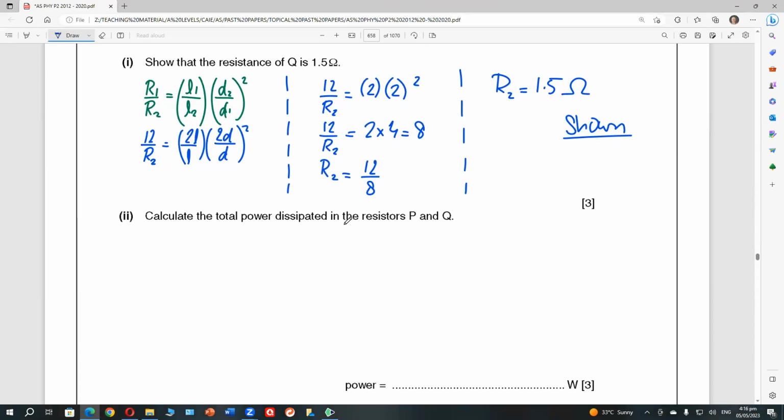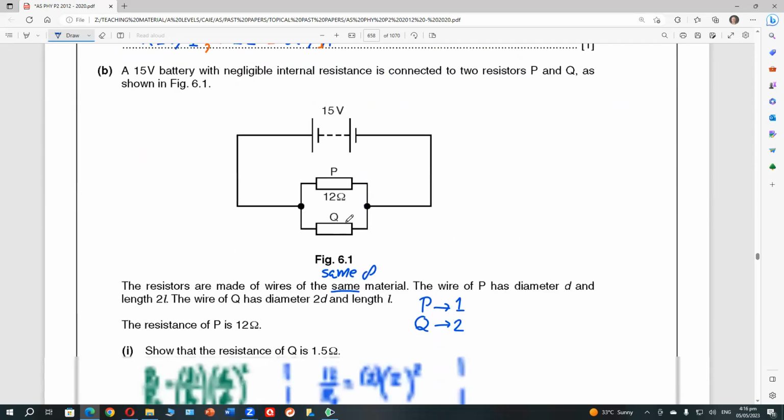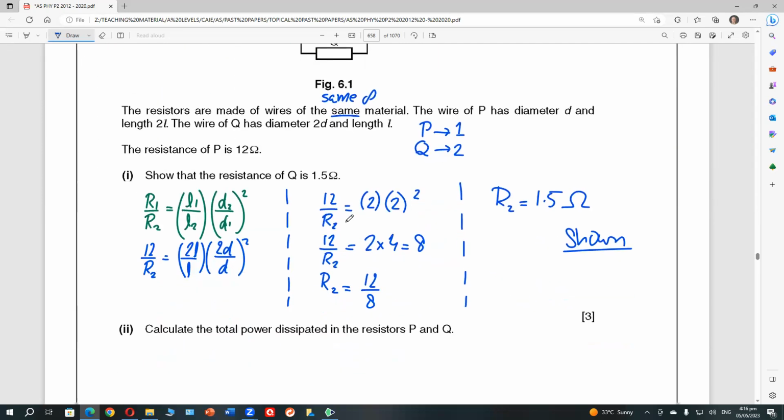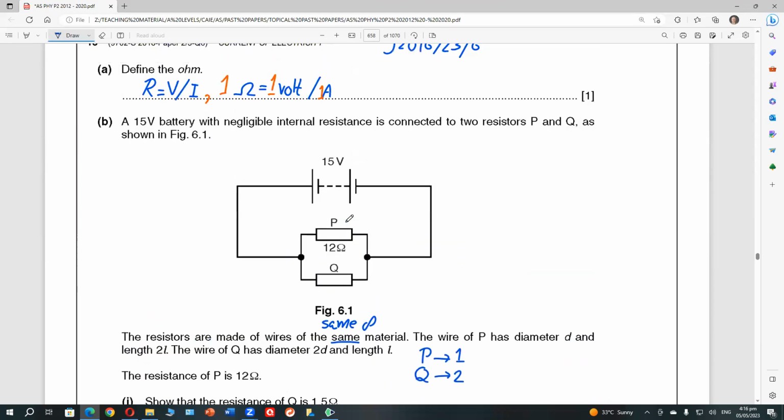Calculate the total power dissipated in the resistors P and Q. So how should we do that?